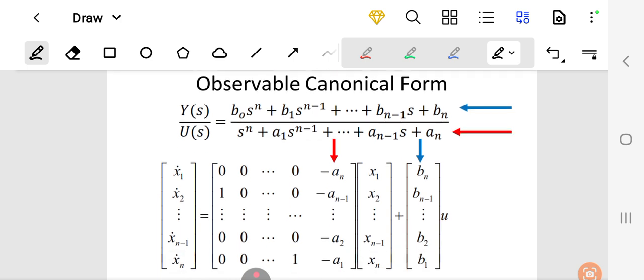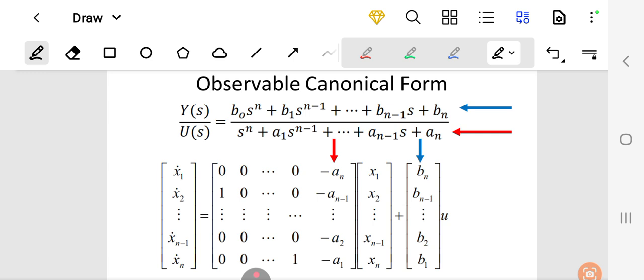Now we will see the observable canonical form. For the observable canonical form, we will take the last column as the coefficients of the denominator from the right to the left with opposite sign.